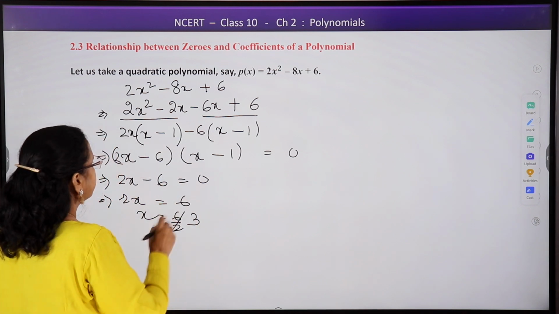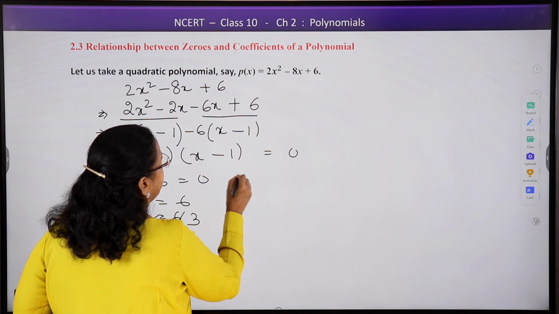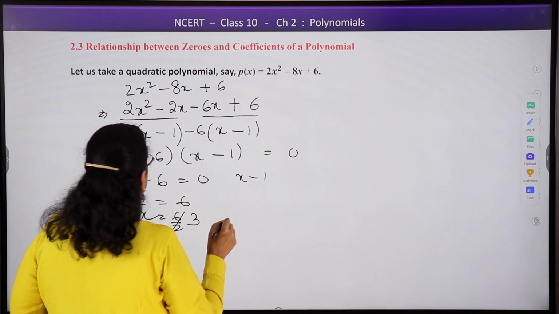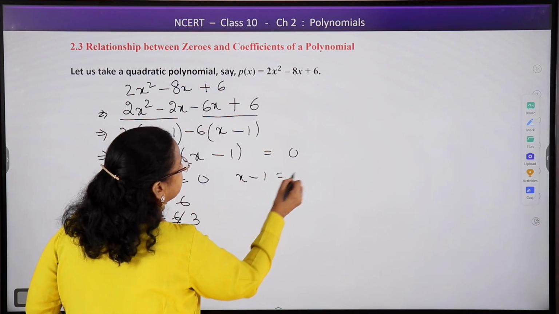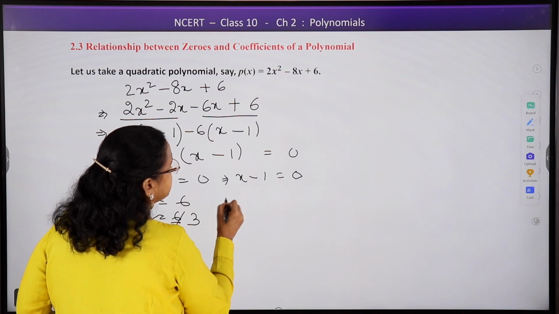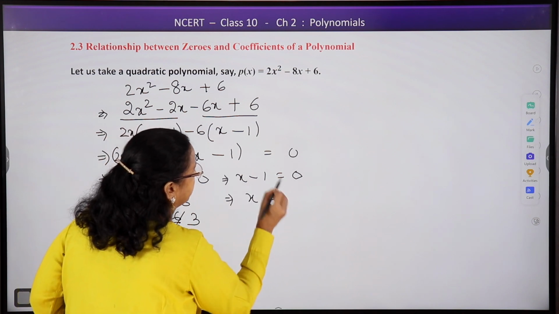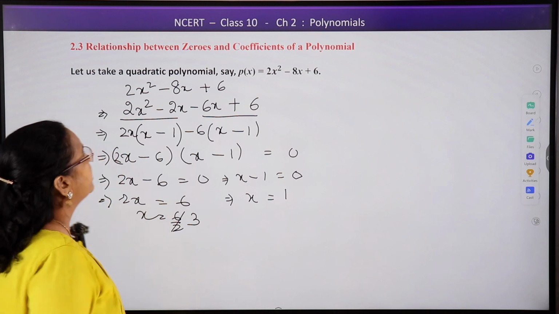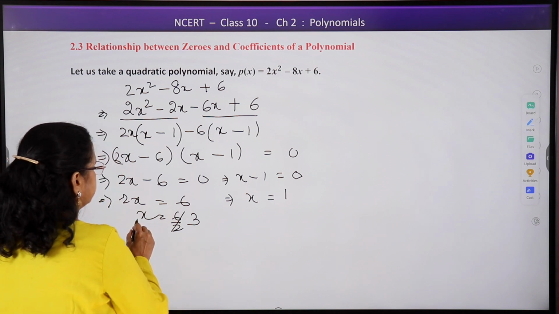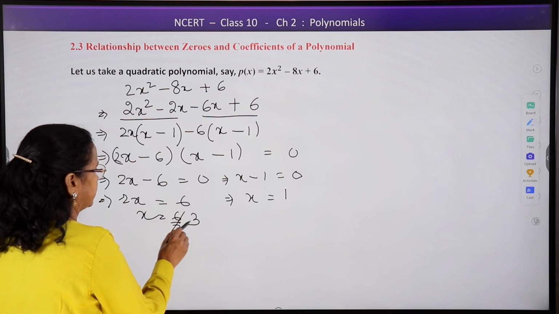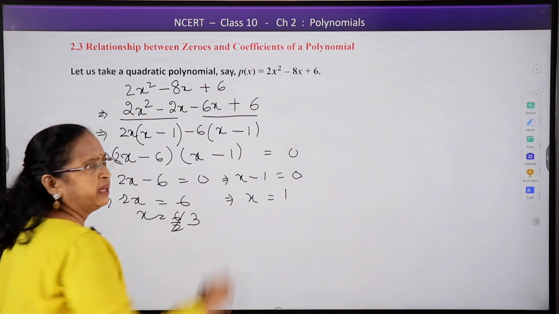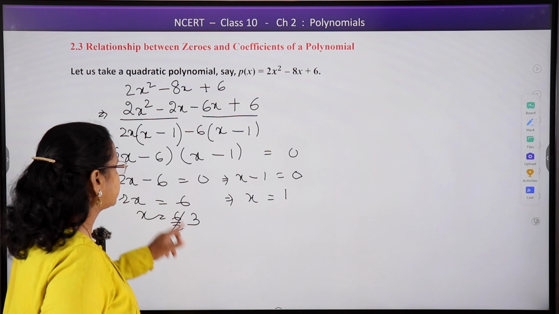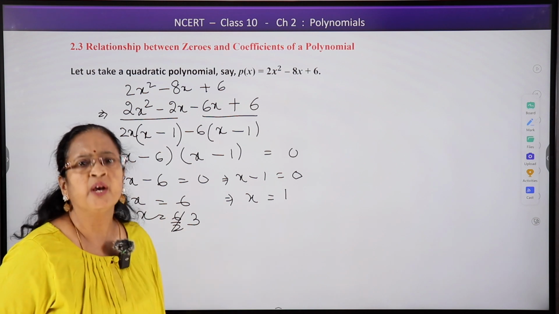X is 3. And here x minus 1 is equal to 0 implies x is equal to 1. So we get the zeros of the polynomial as 3 and 1. The value of x is 3, the value of x is 1.